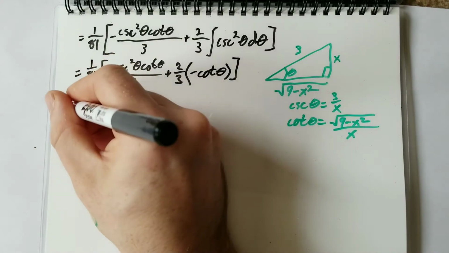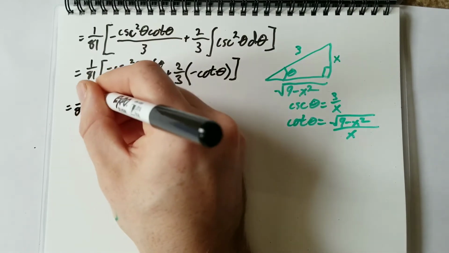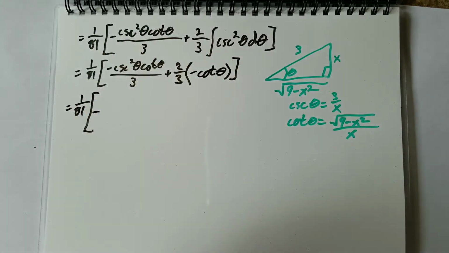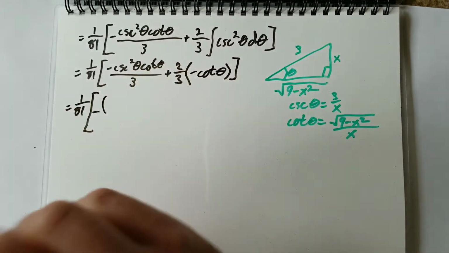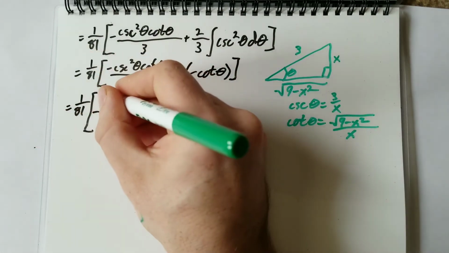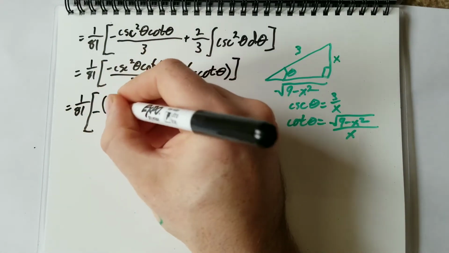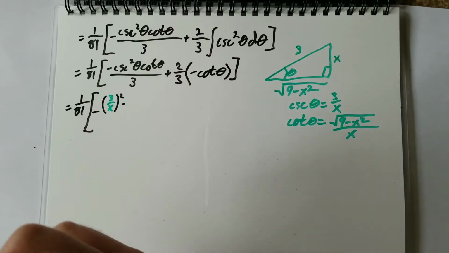So we've got 1 over 81, negative sign. So we've got cosecant squared. Cosecant is 3 over x, and that's squared, times cotangent.